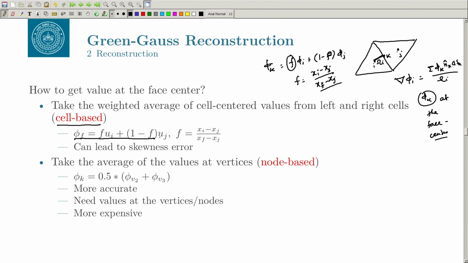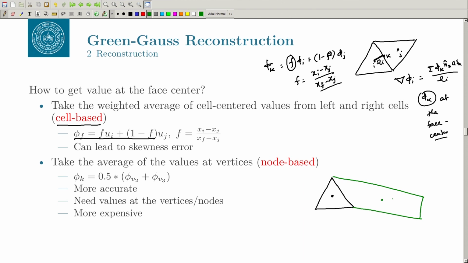Only problem here is that sometimes your cells can be very different. Let us say that I have a cell like this, and its neighbor is something like this. The first one has the cell center here, and the second one has got the cell center somewhere here.